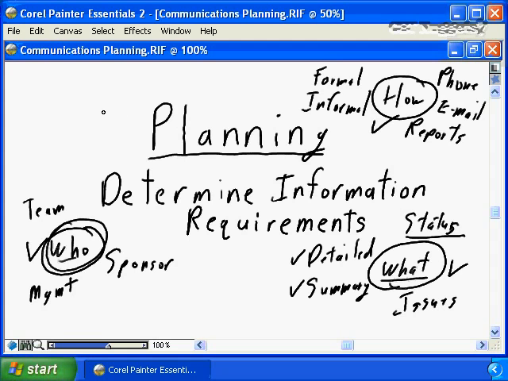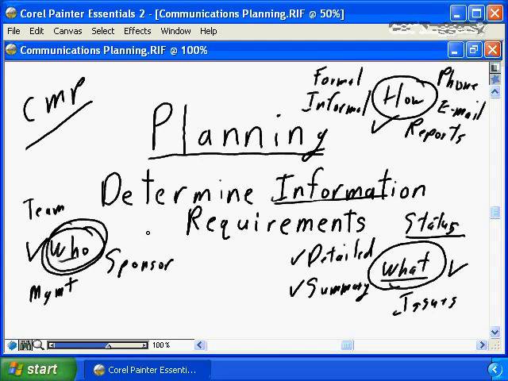And once you have a full understanding of the who, the what, and the how, you can put together your communications management plan that will define the processes that will be used by you, the project manager, the processes that will be used by the team to distribute the appropriate information, the what, using the appropriate vehicles, the how, either formally or informally, to ensure that the information requirements of all project stakeholders are being satisfied.